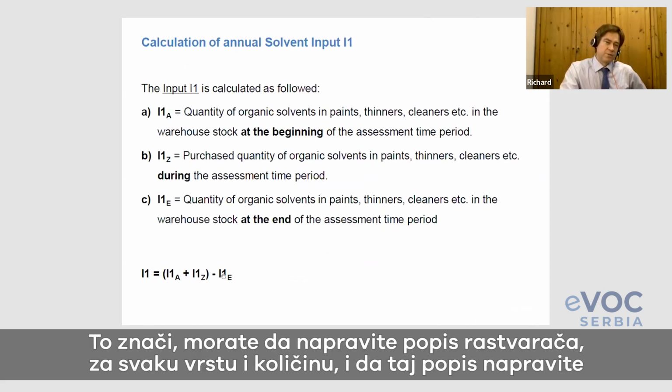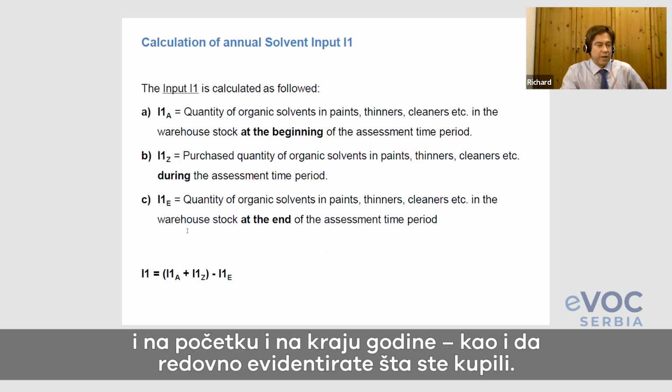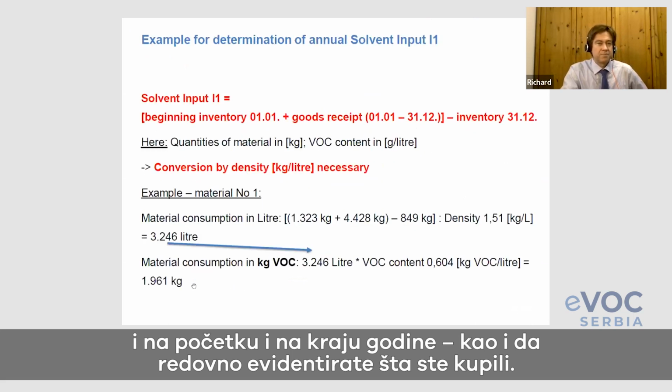So what you learn is that you must really do something like an inventory for the solvents, for each type and each quantity. You always have to assess your warehouse and the stocks at the end and at the beginning, and then what you have bought.